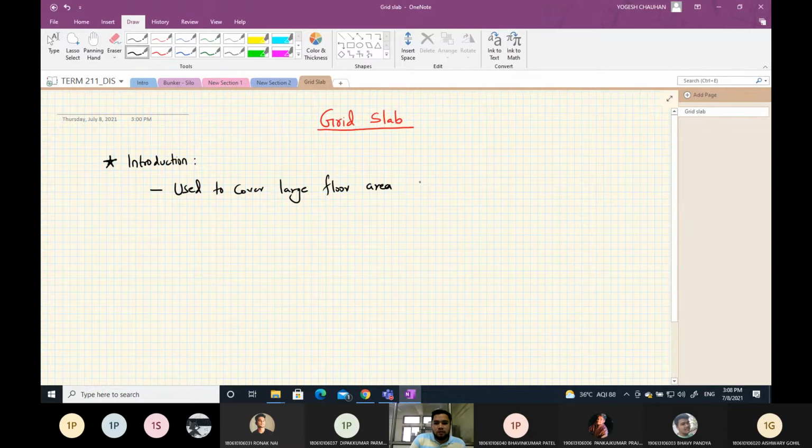Large column free floor, that is, large column free floor area.